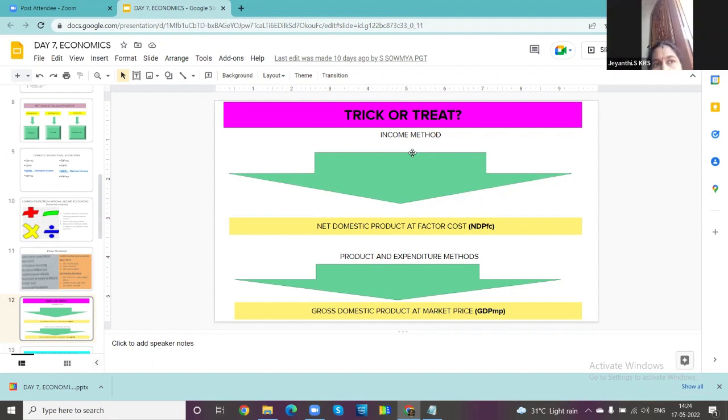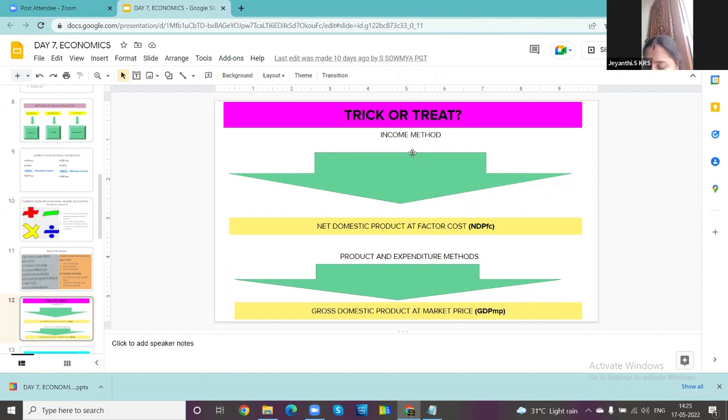That is the factor cost that the firm is going to incur, and it is going to be the domestic firms, right? So it'll always be only the domestic product at factor cost. So NDPFC only.